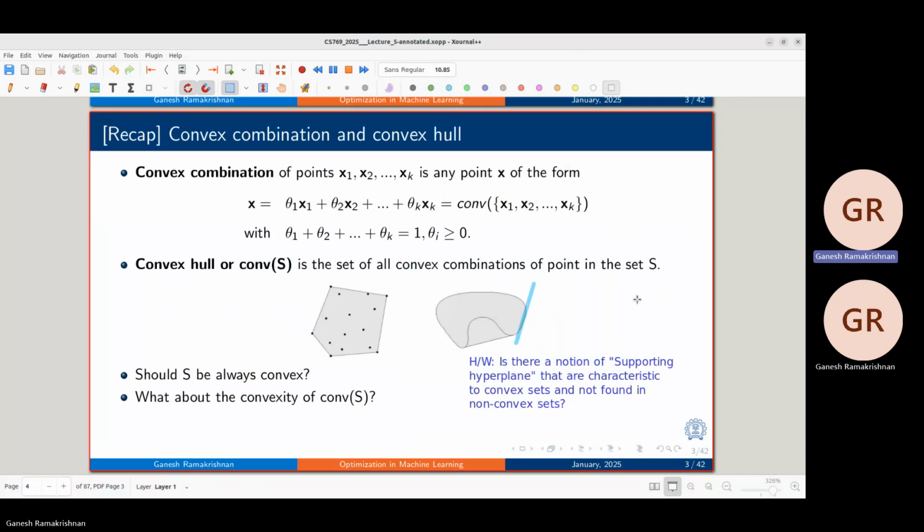Do you see this? One way of defining the hull is what? Take all convex combinations, all points, right?